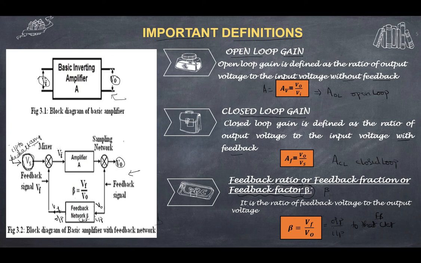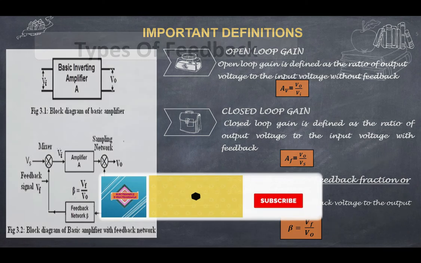So I can say that it is the ratio of feedback voltage to the output voltage. This beta will vary with the type of feedback signal we write. That means, is it a current series, voltage series, current shunt, voltage shunt, depending on that this parameter will vary. What I have mentioned here is voltage series negative feedback. This beta is mentioned as voltage series negative feedback signal.